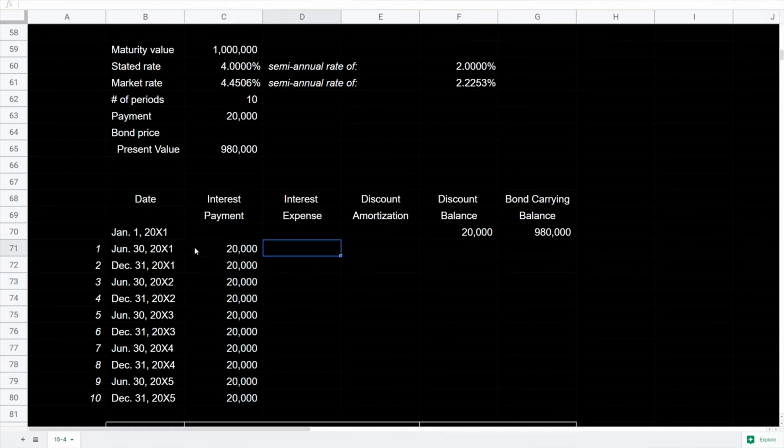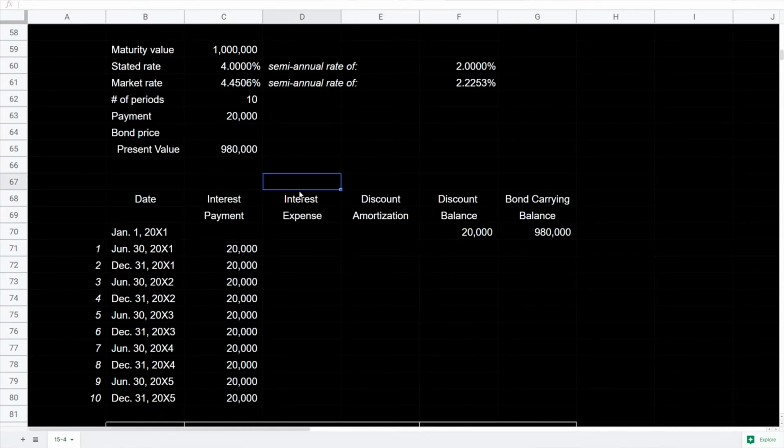Where things start to change is here with interest expense. Recall that when we are dealing with the discount, the interest expense is equal to the cash that is paid, the interest payment, plus the amount of discount that is allocated to the period. What we are trying to do here is allocate just the right amount of discount so that the interest expense is a consistent percentage.